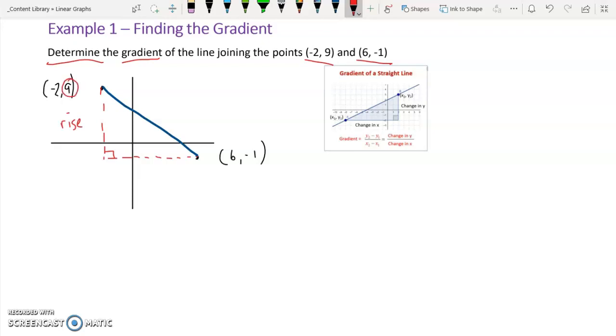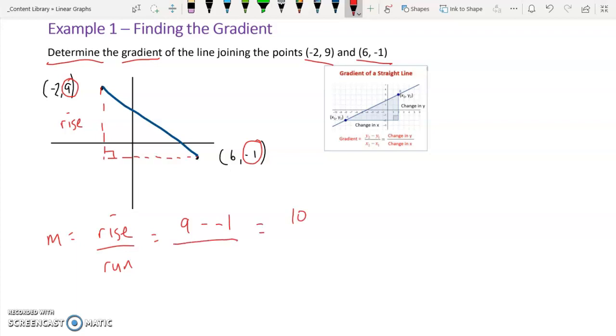So here, the rise is 9 all the way down to -1. The gradient is rise over run, and in this case, from 9 to -1 is 9 minus -1, which is equal to 10.